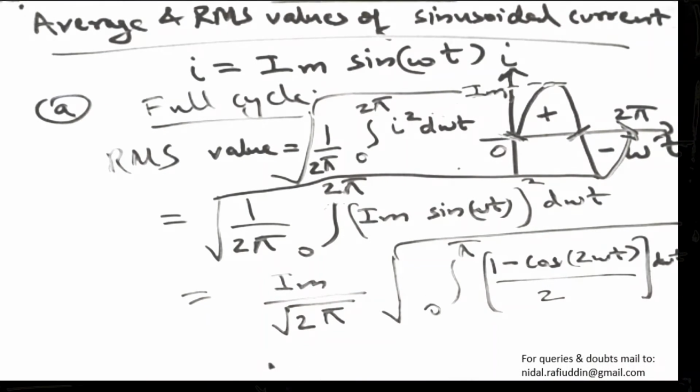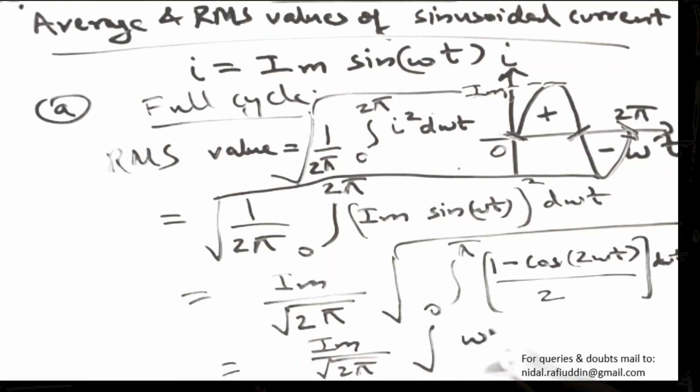Which can further be simplified, and this can be written as Im divided by root 2 pi, inside under root we have. Now we are going to compute the integration of this one, since we are writing this in terms of d omega t.